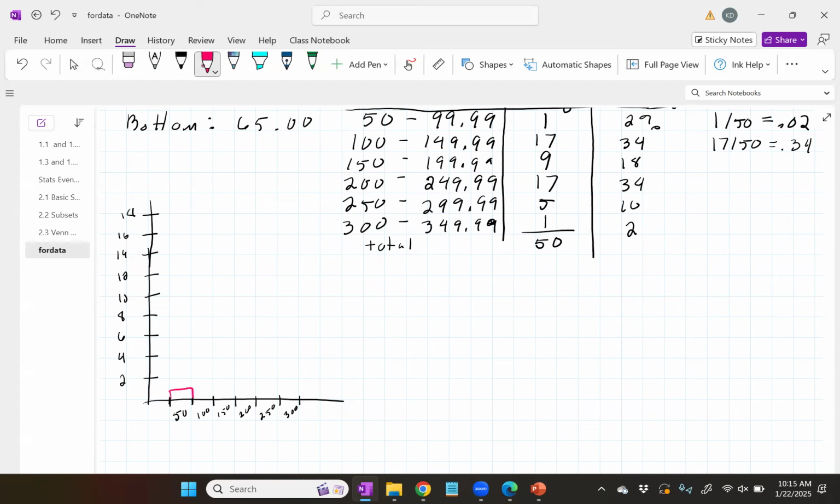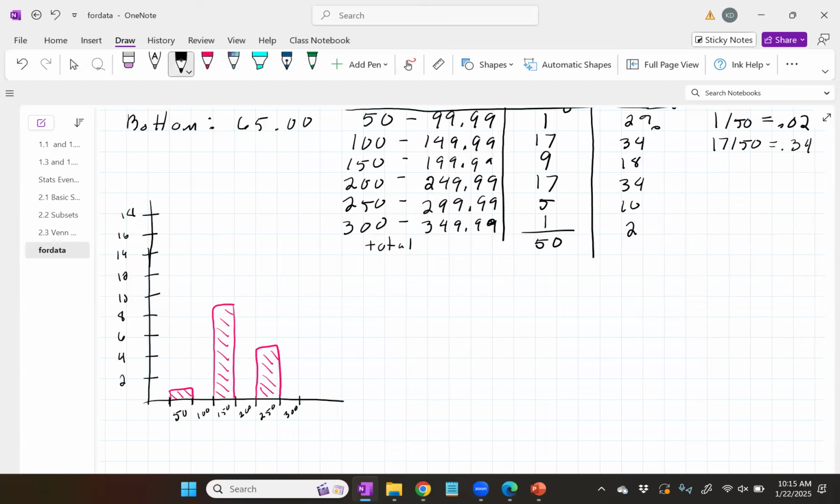I'm gonna skip the second one for now. Third one goes to 9. Next one goes to 5. Color these in a bit. Switch to black.